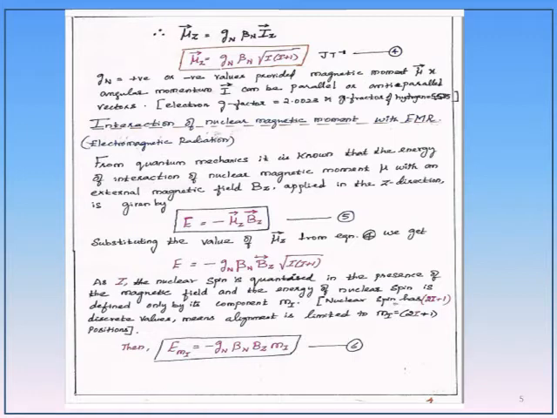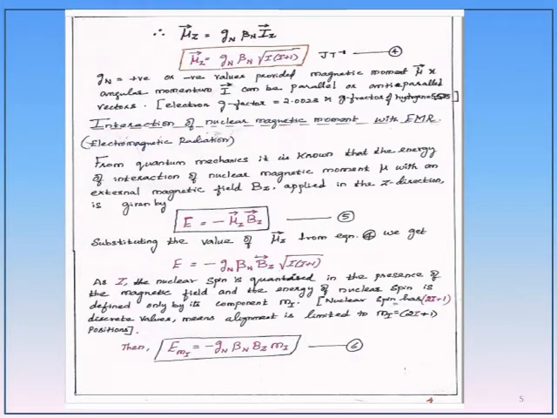Now the interaction of the nuclear magnetic moment with the electromagnetic radiation will lead to the NMR spectrum. We will find out the frequency of the bare proton. From quantum mechanics, it is known that the energy of the interaction of a nuclear magnetic moment mu with an external magnetic field B applied in the z direction is given by E is equal to minus mu z Bz.